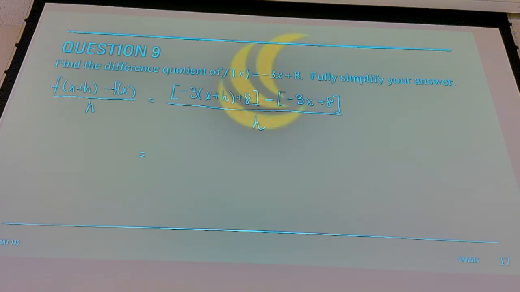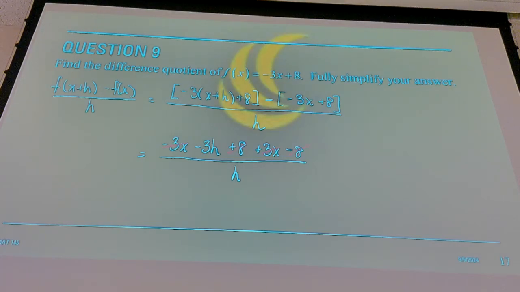Simplify. So we distribute that -3 through, right? Then just plus 8. We're now distributing a negative through. Plus 3x minus... -3x plus 3x is 0.